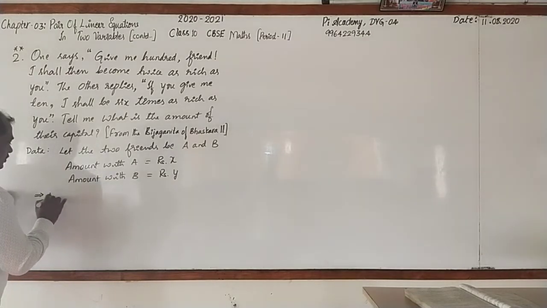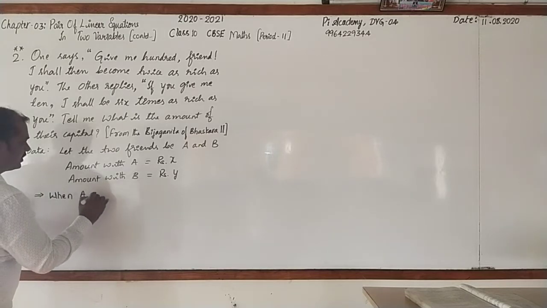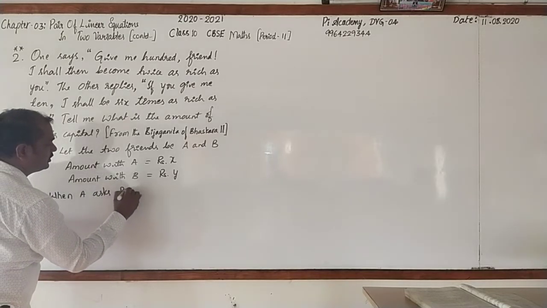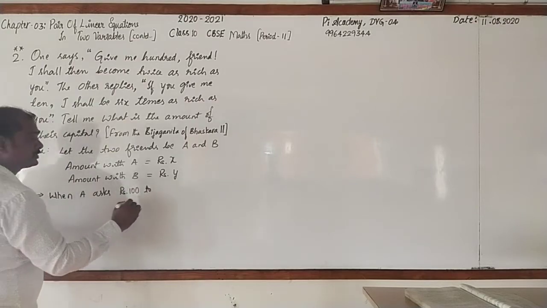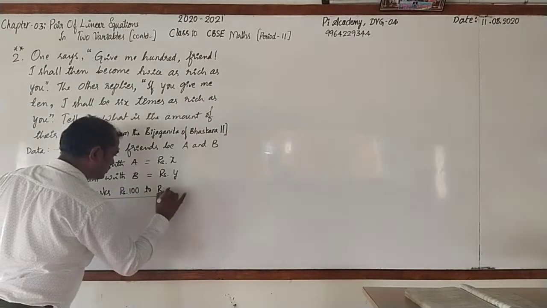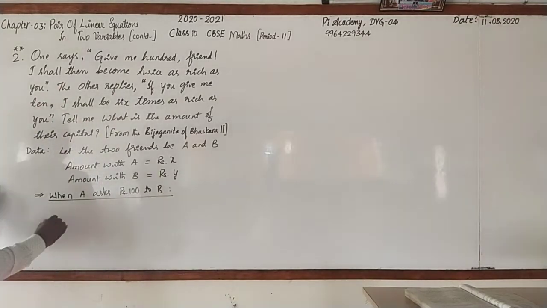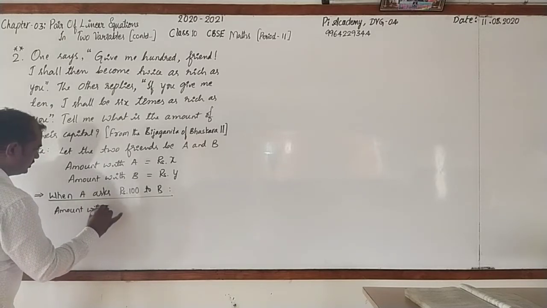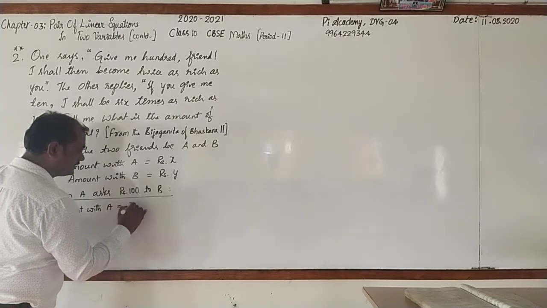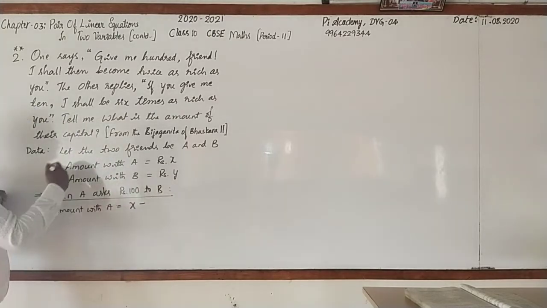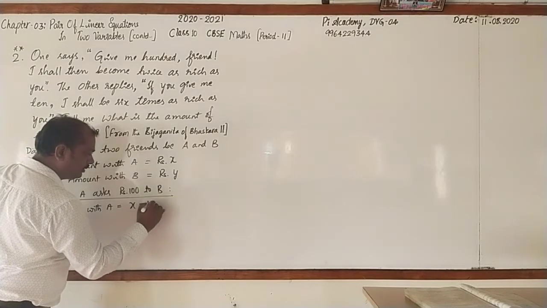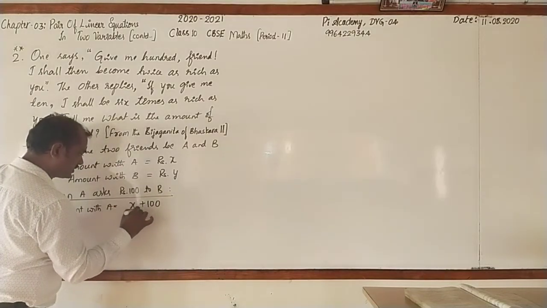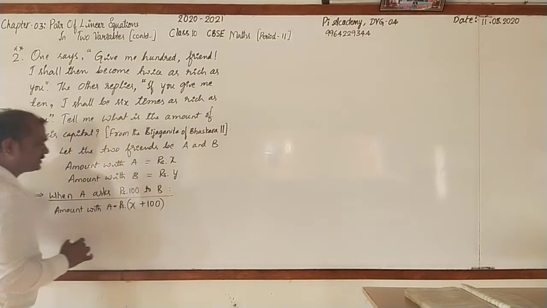Here, when A asks 100 rupees from B, the amount with A will be, at present X is there, then he takes 100 rupees from B, so it will be plus 100 rupees, X plus 100.